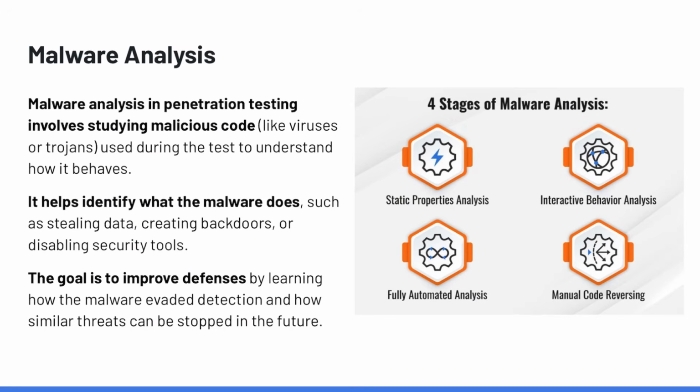Now, another part of this particular phase is going to be malware analysis. So we could be using certain types of malware to get access to a system. These could be viruses, or Trojans that have been sent by email to a member of the IT staff to get access to a system.